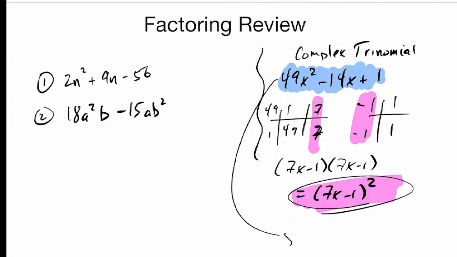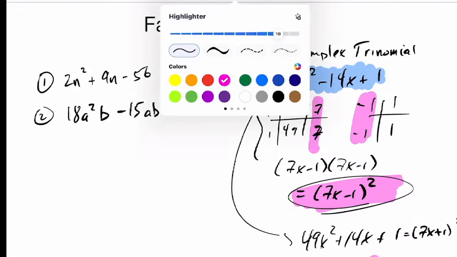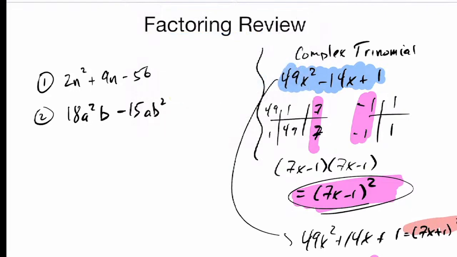Just as a quick example, if I had written 49x squared plus 14x plus 1, then the combination that worked would have been 7, 7, and 1, 1, and this would have factored into 7x plus 1 squared. So there's those two.